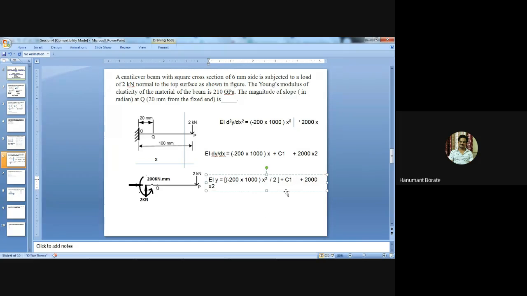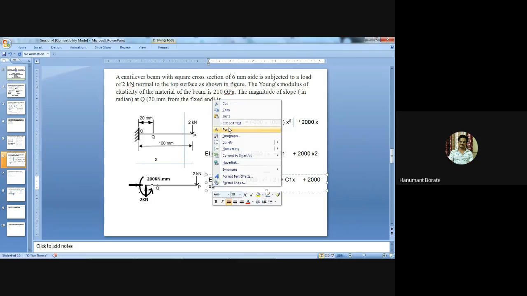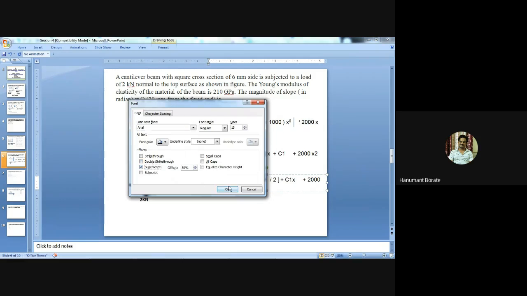Then c1 into x, and 2000 into x cube divided by 3, 3 factorial.